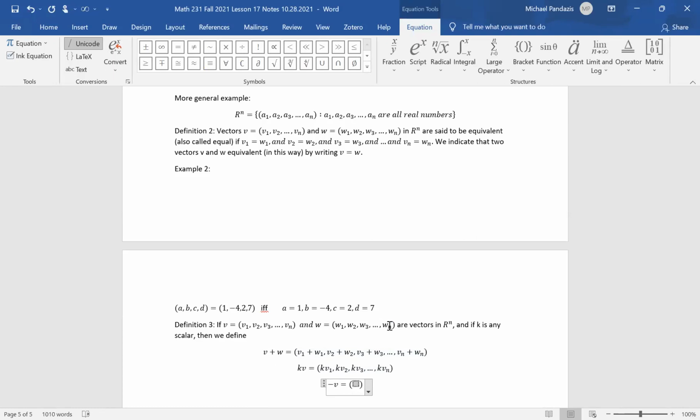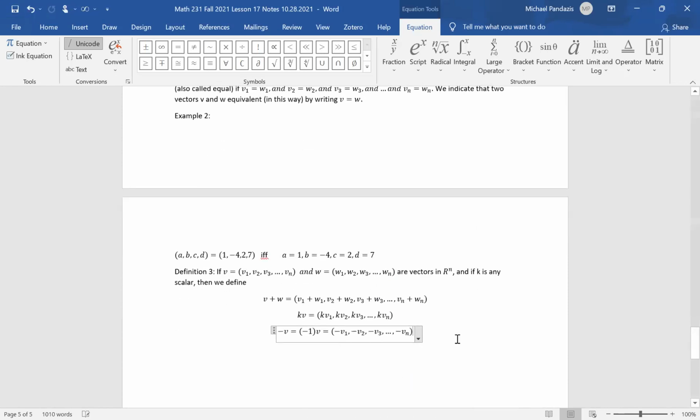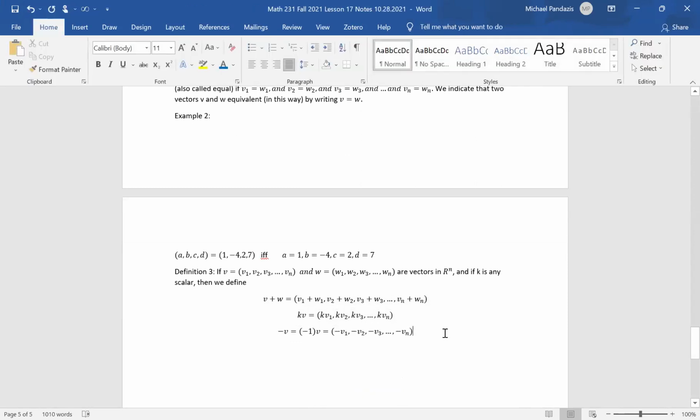That's the same as earlier, as -1 times v, and that's equal to just taking the negative of each component. So (-v1, -v2, -v3, ..., -vn). I could have written -1 times each component, but I just wrote the negative sign instead.